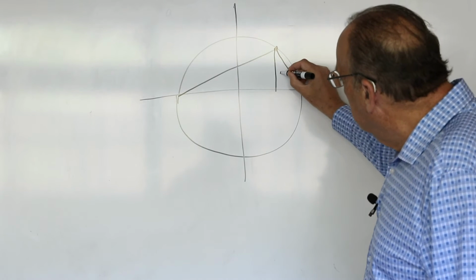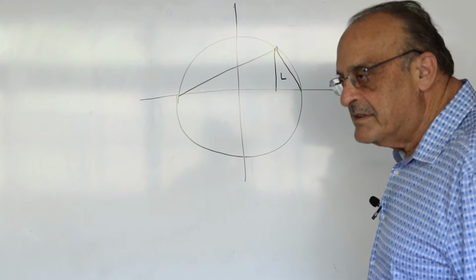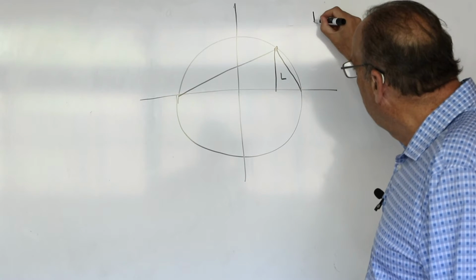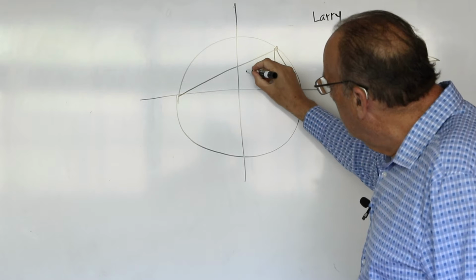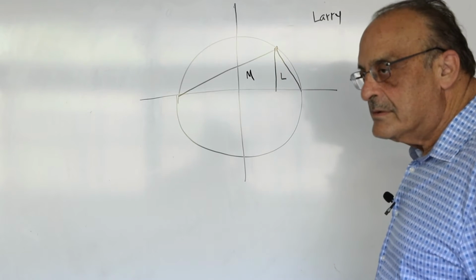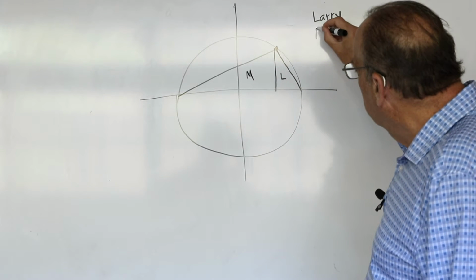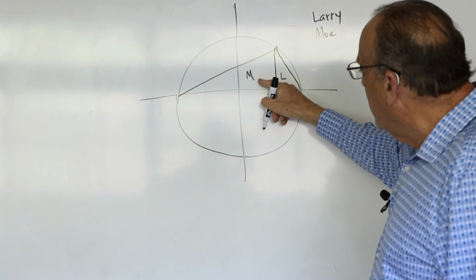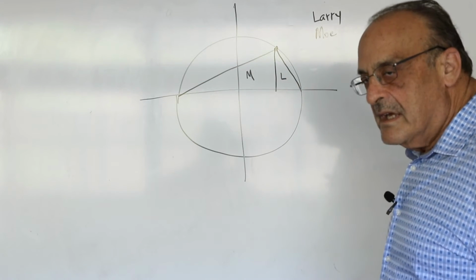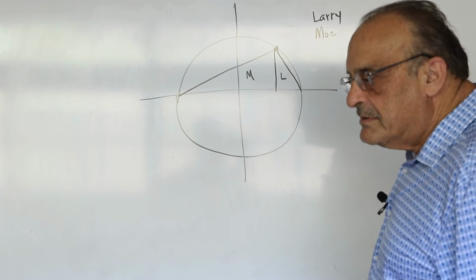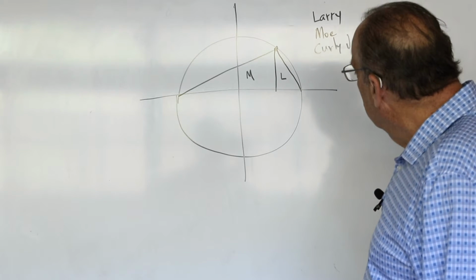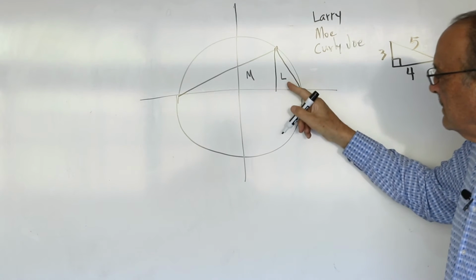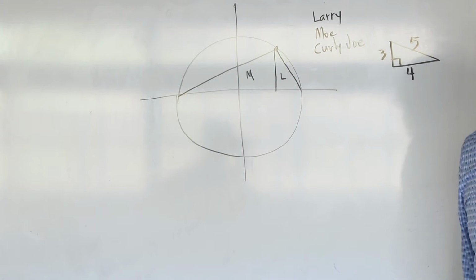I call this one L for little, or actually I'll name it Larry. And this one here is M for Mo, or middle. I'll just call it Mo, but middle sized. And if I put them together, I get something that's colossal jumbo, so I'll call that Curly Joe. So I have Larry, Mo, and the whole thing is Curly Joe.